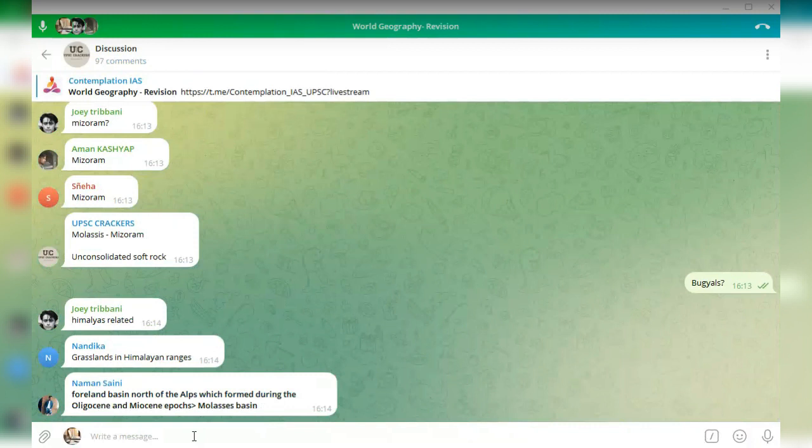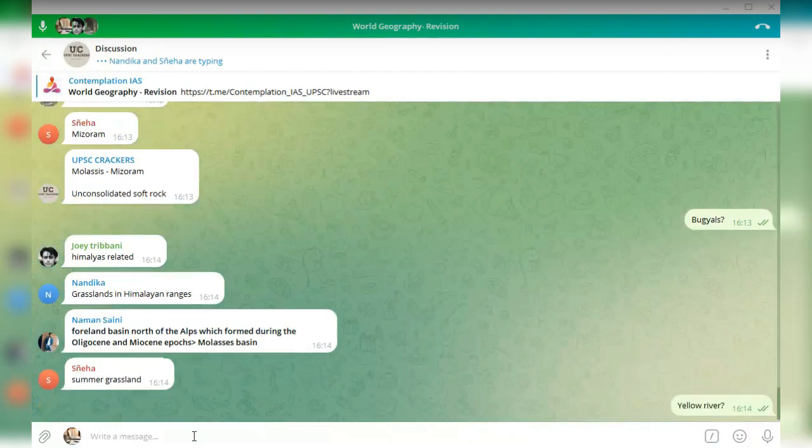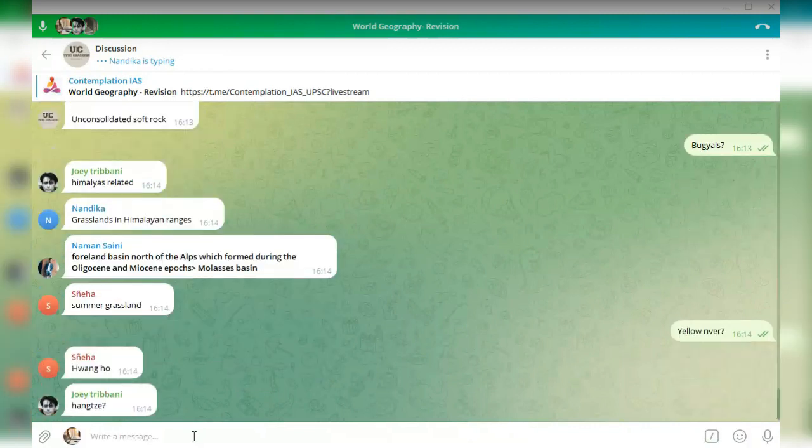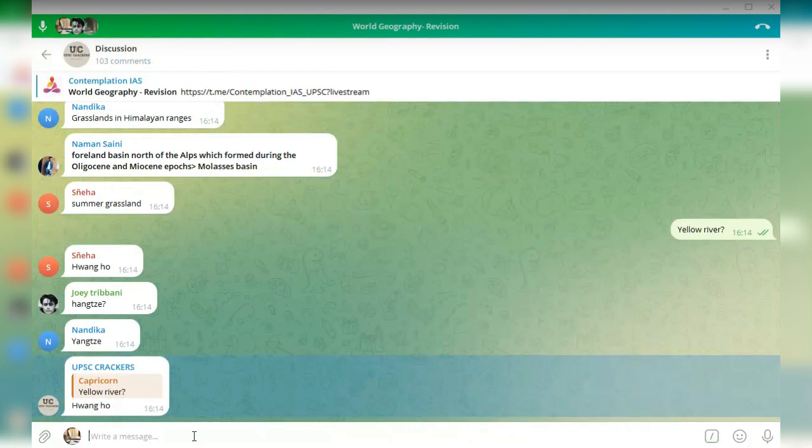Okay, correct. Now, Yellow River is a river. Anyone can tell me the another name for the Yellow River? Hawang Ho. No, it is not Yangtze, it is Hawang Ho.